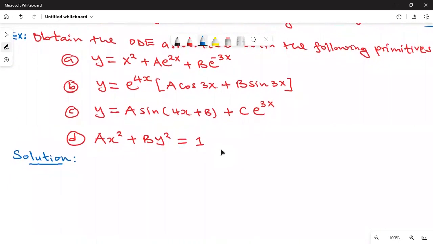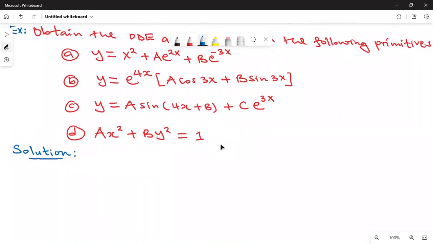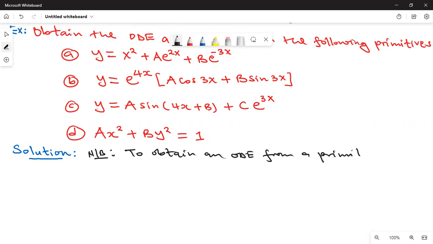So let's start with part A. And before we even begin solving, what you need to take note of is that, let's write this down. Take note that to obtain an ODE from a primitive, there are two things we're going to do.